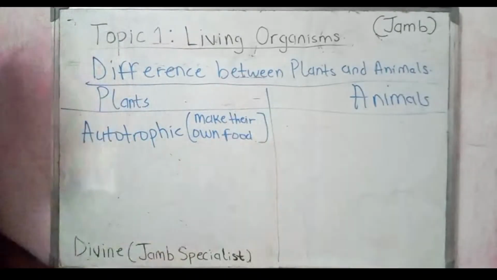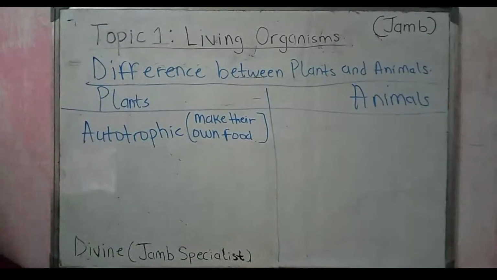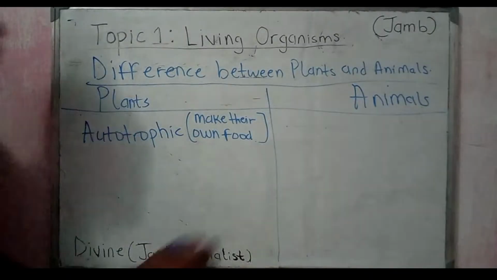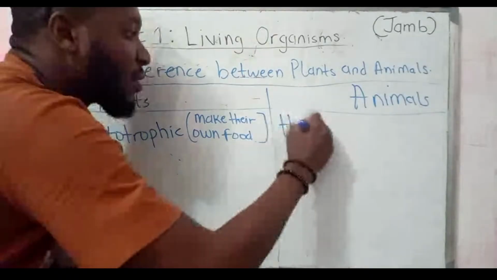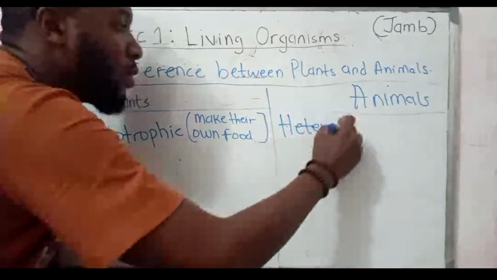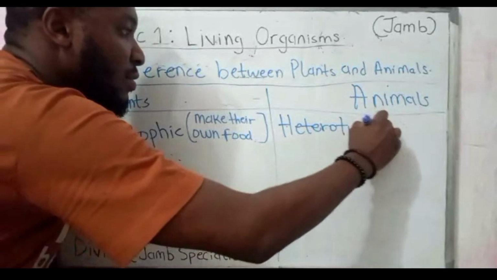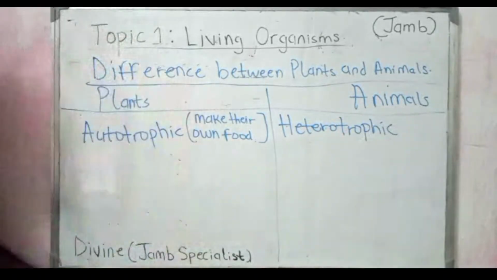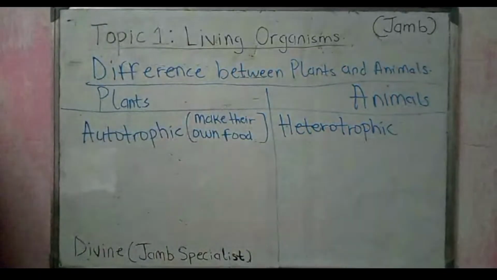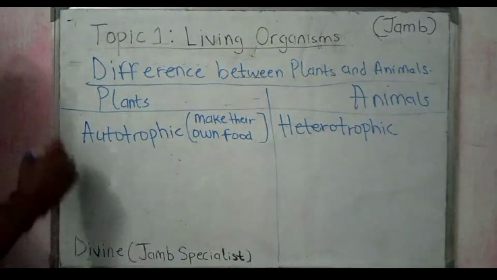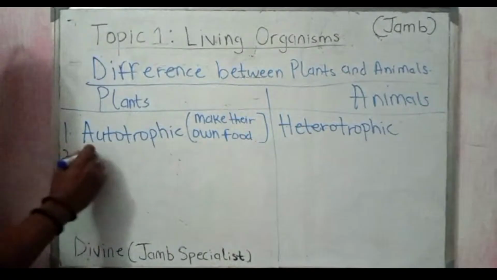They make their own food. While for animals, they are heterotrophic. For plants, cell walls are present.